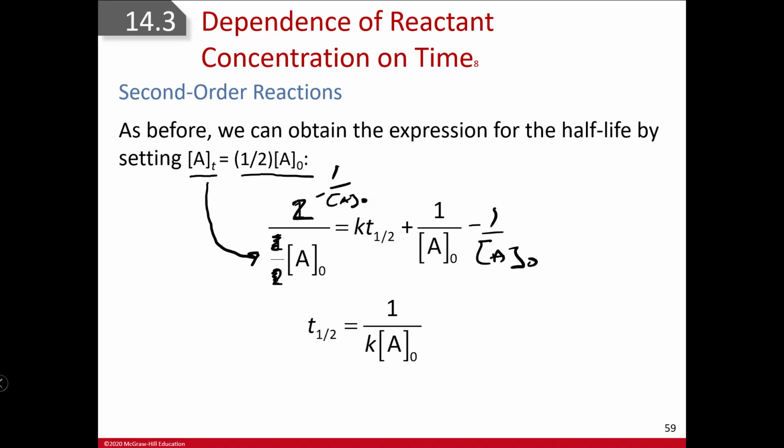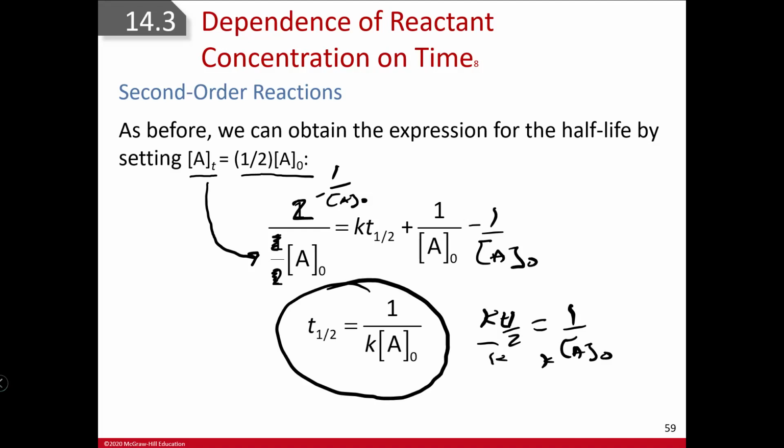What you'd have is k t 1/2 equals 1 over A naught, since 2 over A naught minus 1 over A naught is 1 over A naught. And then we divide both sides by k, and we get this equation here. So you need to memorize that equation, and you're going to use it to determine half-life, or given the half-life, determine the original concentration.